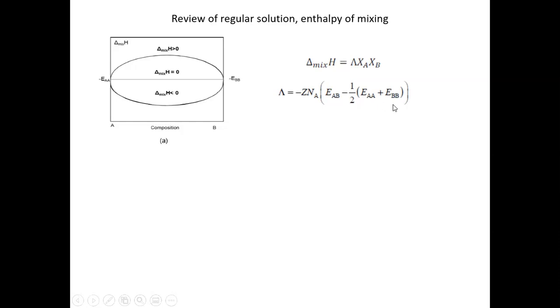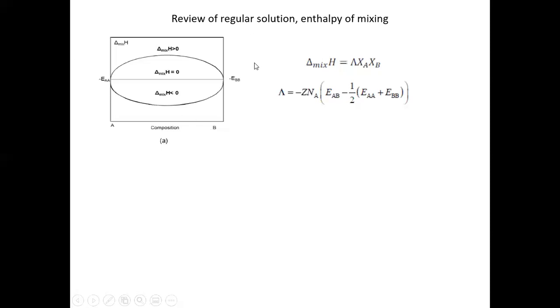The interesting thing is that because you have this interaction parameter lambda, it can be either positive or negative. It can also be zero, but when it goes to zero, we're going back to the more trivial ideal solution case. So typically, when we talk about regular solution, we will set lambda either greater than zero or smaller than zero.